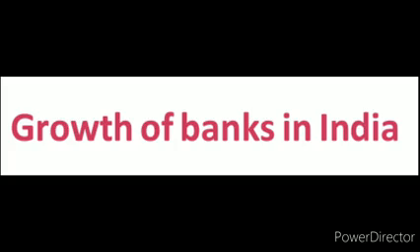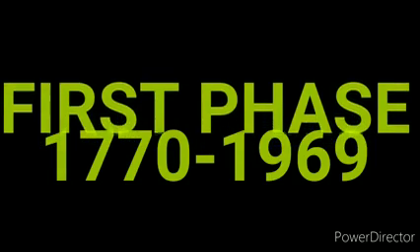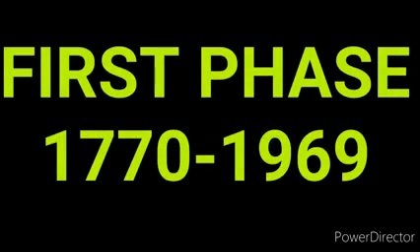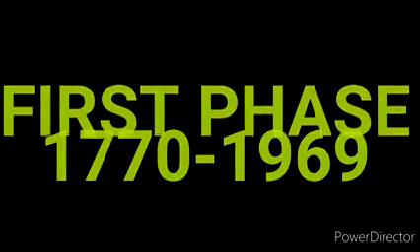Let's discuss the details of the first phase, that is from 1770 to 1969. The Bank of Hindustan, established in 1770, is the first modern bank in India. In this phase, the presidency banks, Bank of Bengal, Bank of Bombay, Bank of Madras were established by the British East India Company. The operation and growth of the banks were slow during this phase.